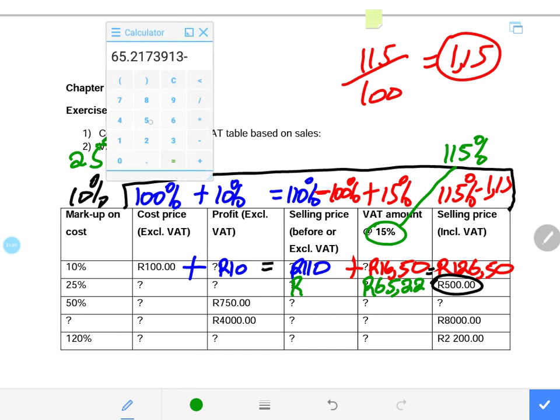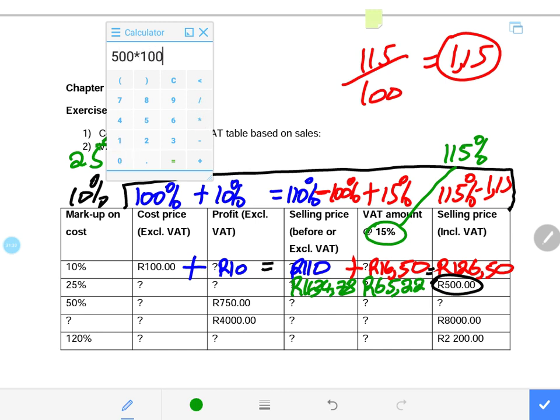In other words, we can say 500 times 100 divided by 115 if we want it the other way, which gives 434.78.